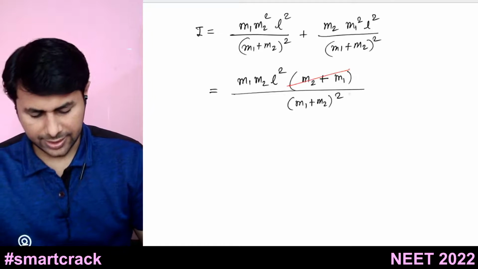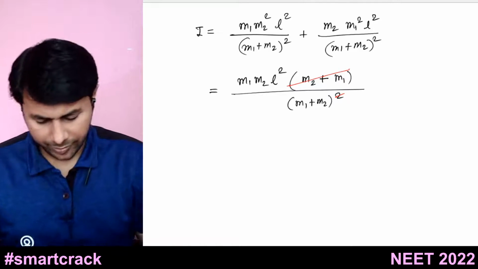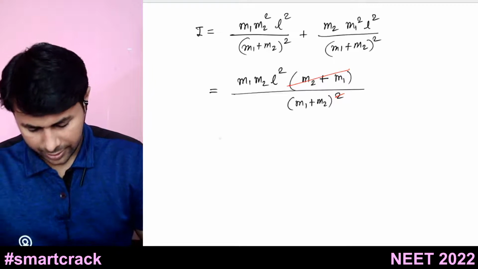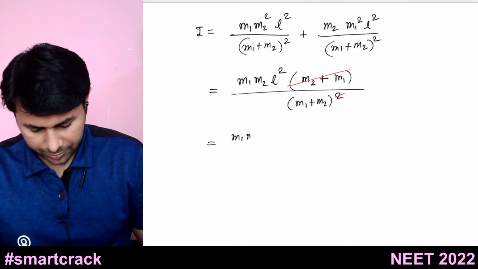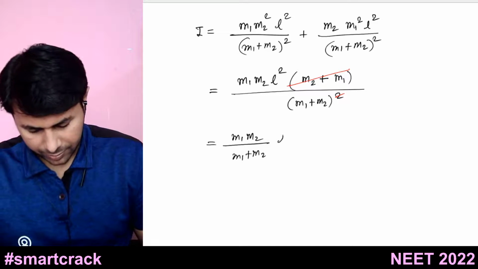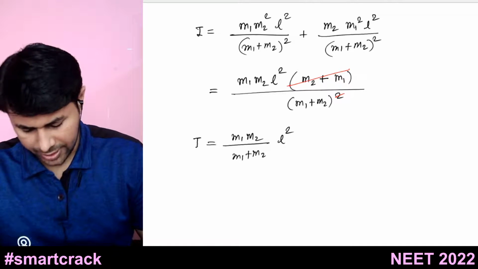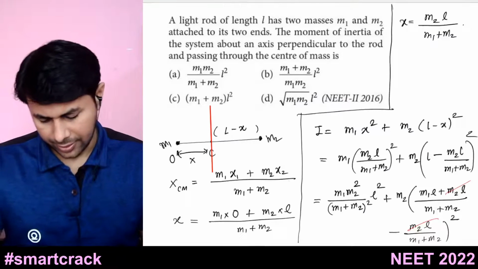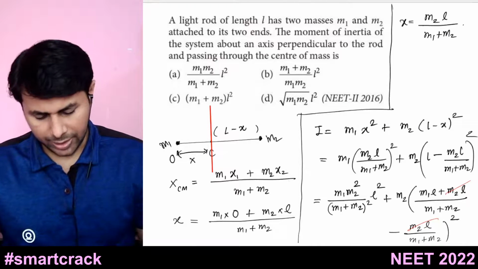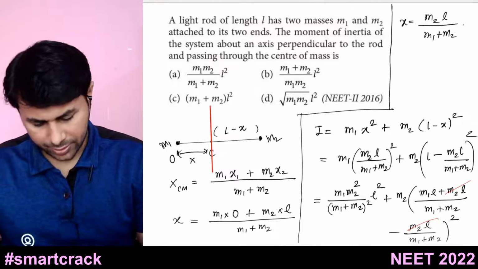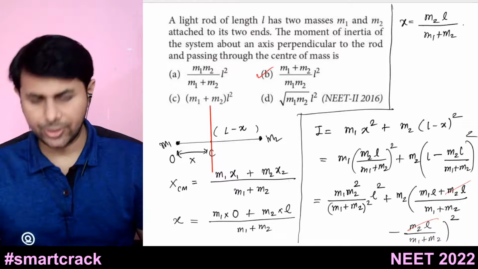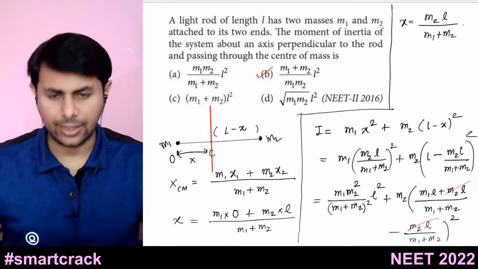So this gets cancelled with the square, and we are left with m1 m2 upon m1 plus m2 into L square. So this is the answer. Let's check. m1 m2 upon m1 plus m2 into L square. So option B has to be the answer.